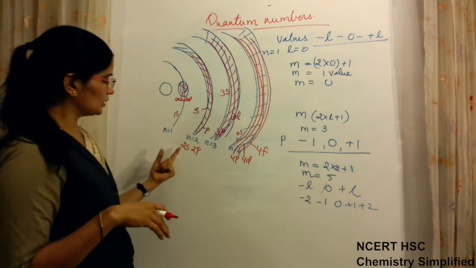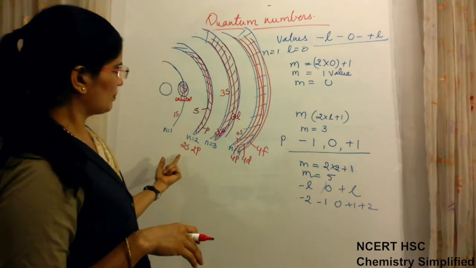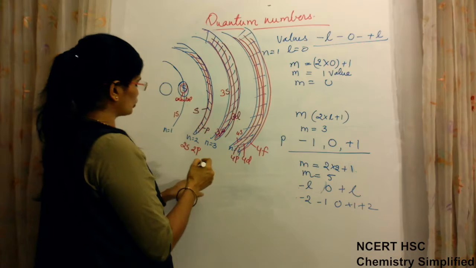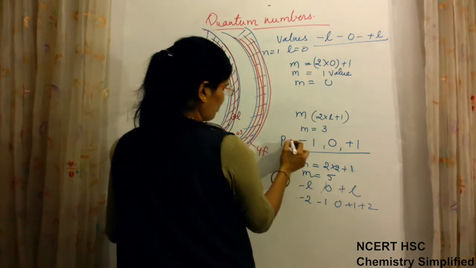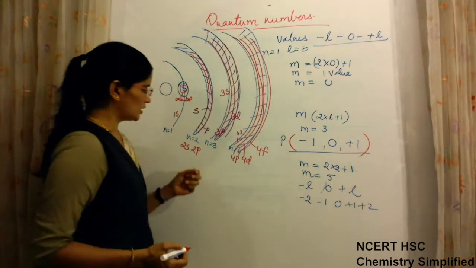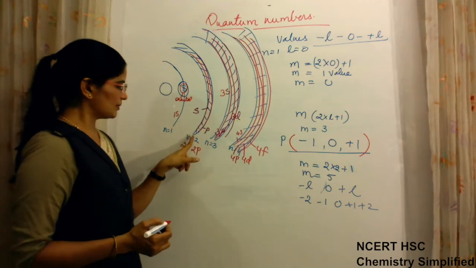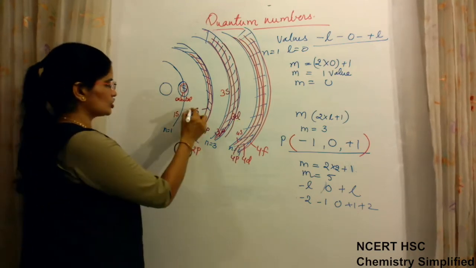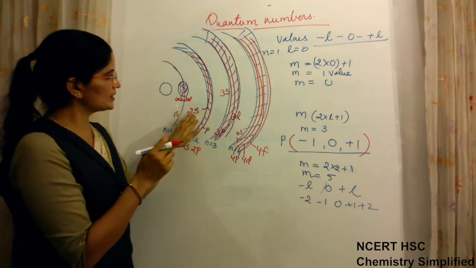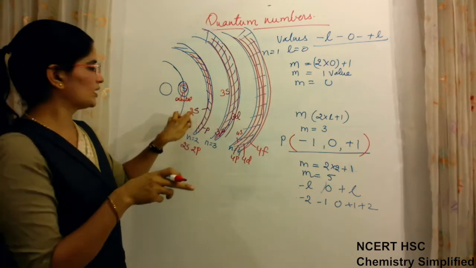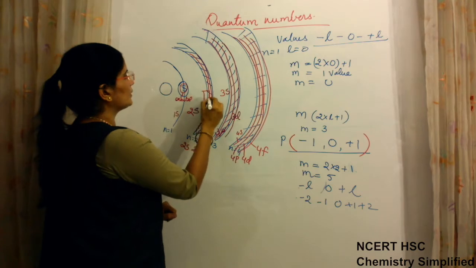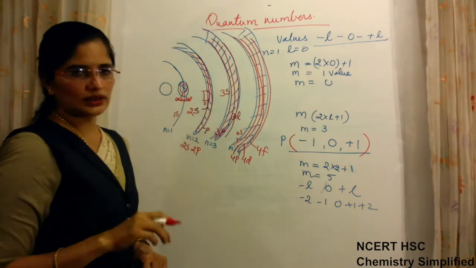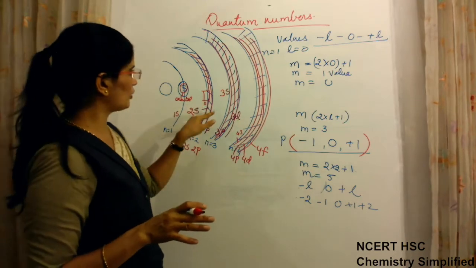Now in the second shell, we said that we had 3 values. For n equal to 2, the first subshell is s, this is 2s. Whenever there is an s type of subshell, it will have only one orbital, and the m value for that orbital will always be 0.